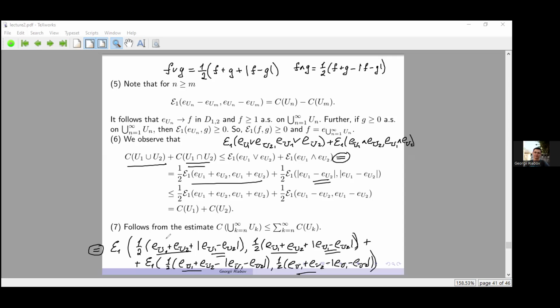And the cross terms will cancel because in the first inner product we have the sum EU1 plus EU2 and the absolute value of the difference, and in the second we have the sum EU1 and EU2 minus the absolute value of the difference.